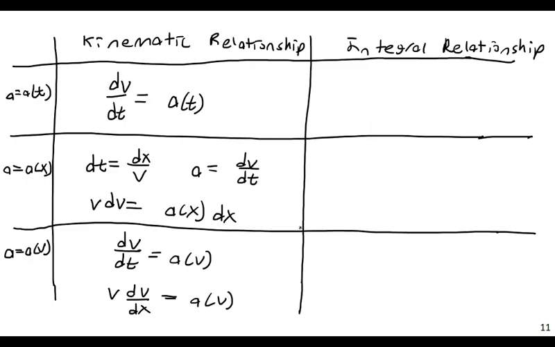And so then if I want to look at the integral relationships, I integrate these. The integral from v naught to v of dv is going to be the integral from 0 to t of a of t dt.